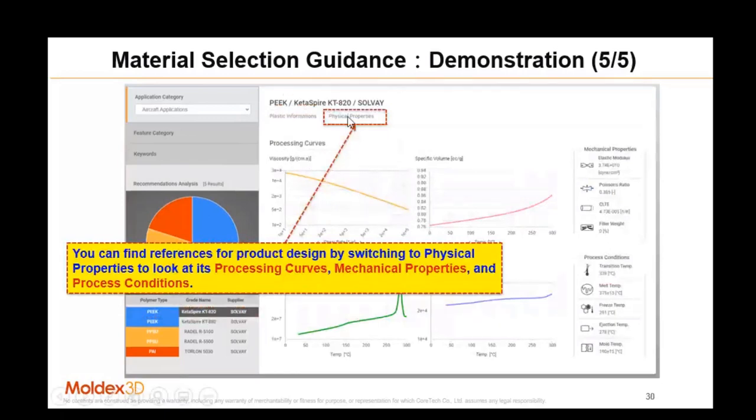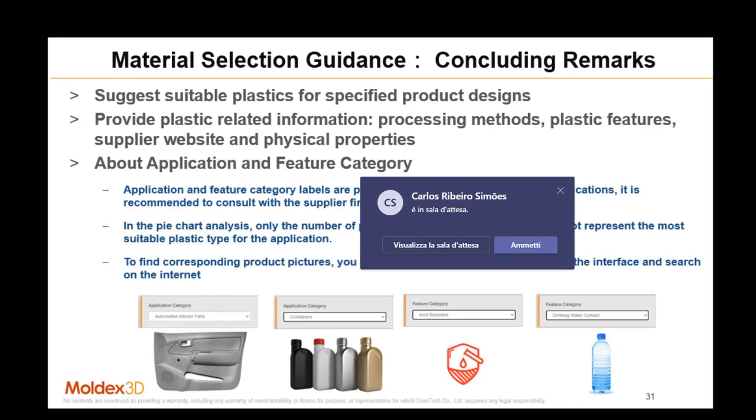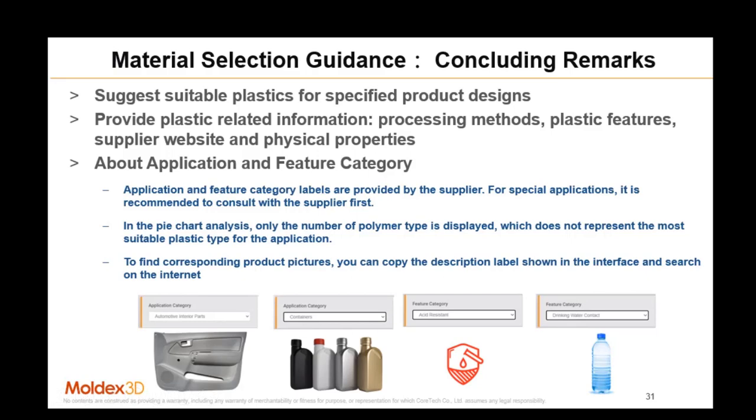Okay, you can also switch the tab page to view the physical property. Okay, I'll give you a conclusion remark about the material selection guidance. Maybe you have some questions on how we sort out the application and the feature category. Their labels are provided by the supplier, and the service just provides the label.